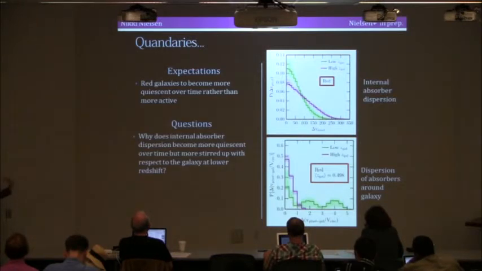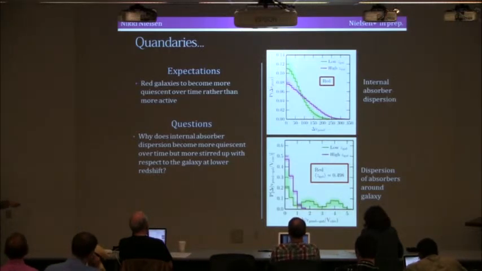So when you look at these plots, you might wonder, why do we see quiescence happening at lower redshift as opposed to higher redshift, whereas down here, the lower redshift TPCF tends to have those more high velocity bumps?